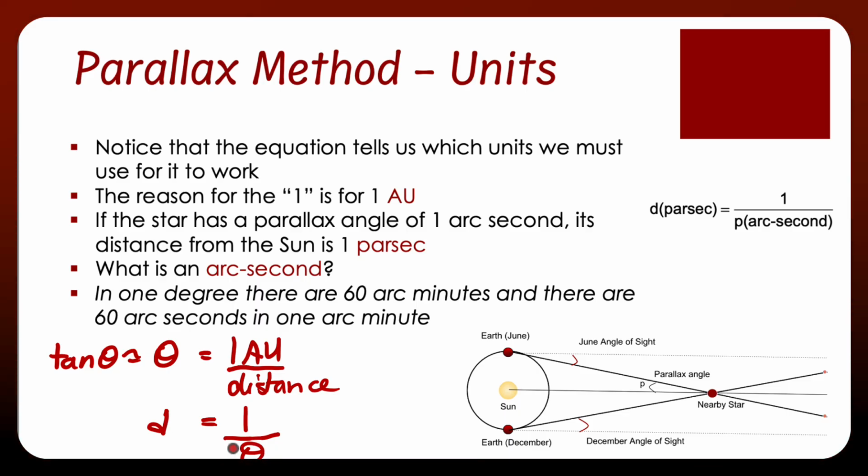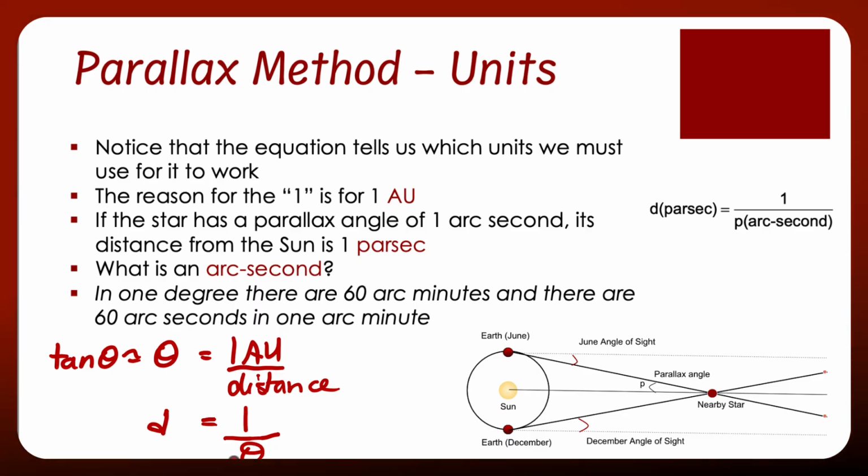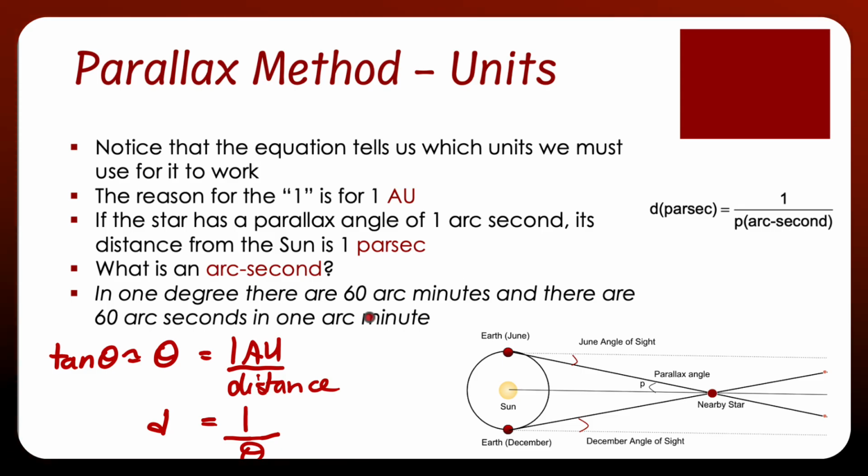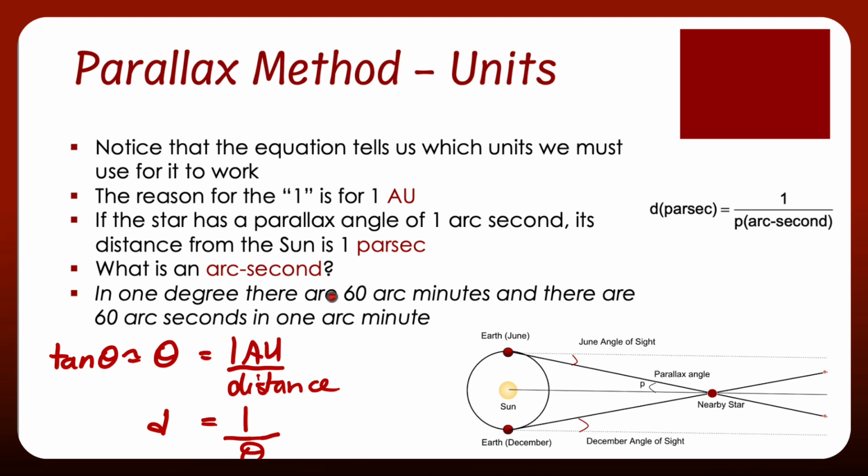Now, normally we would say radians. Well, that's not what we're looking for here to get a parsec. What we would need here, and our equation shows us, is my angle here has to be measured in arcsecond. So let's go back here. In 1 degree, I have 60 arc minutes. And in 1 arc minute, there are 60 arc seconds.